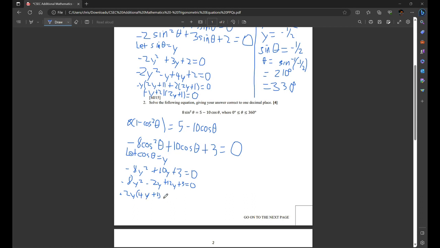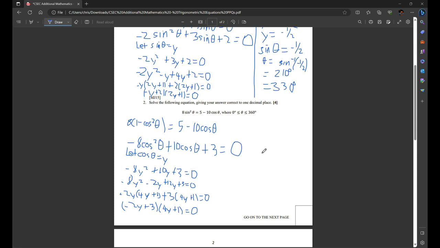And then we're going to factor out a plus 3 over here, which means that's going to be, again, 4y plus 1 equal to 0. So then our factors now are going to be negative 2y plus 3 and 4y plus 1 is equal to 0, of course.